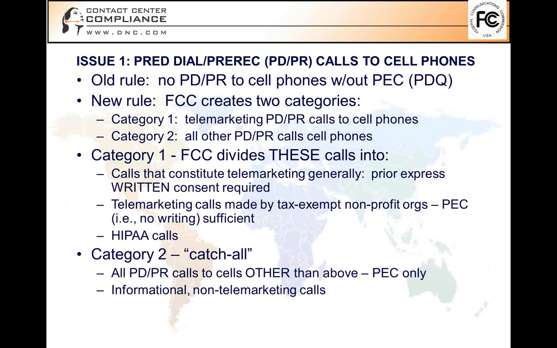The next subcategory here is telemarketing calls that are made by tax-exempt nonprofit organizations. You still only have to get prior express consent if you are making a call to a cell phone. And then finally, calls that are related to HIPAA, and for that, they're actually exempt from the rule, and we don't need to really address that.